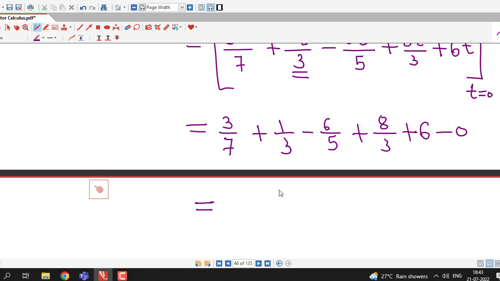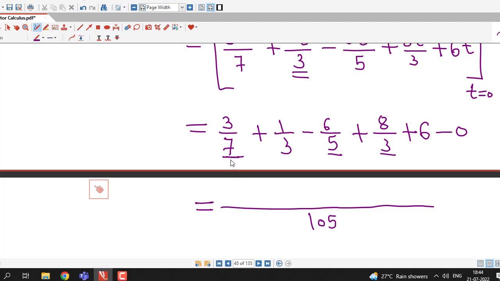So after this we have to take LCM of 5, 3 and 7. So LCM will be 105. 5 into 3, which is 15, into 7, which is 105. So here we have 7.